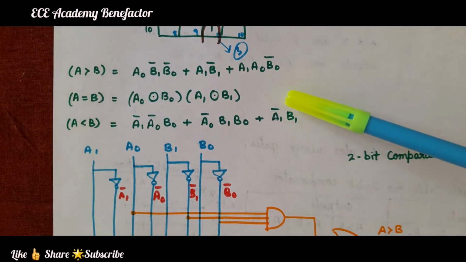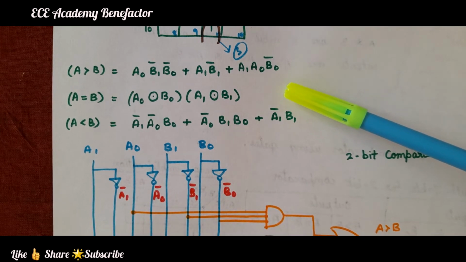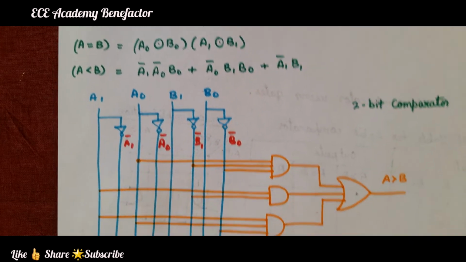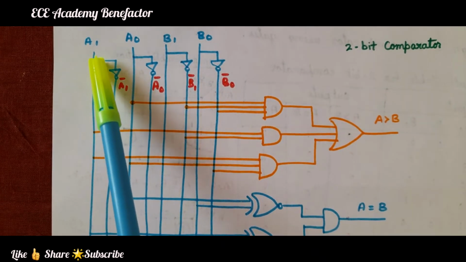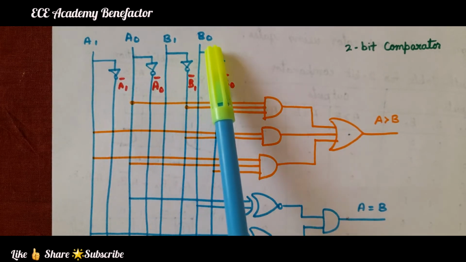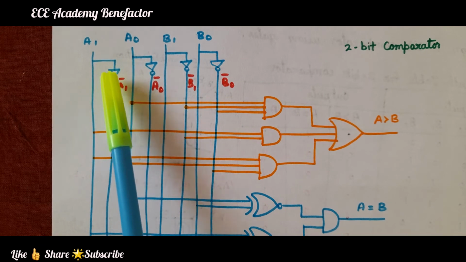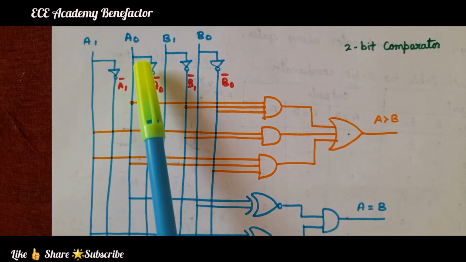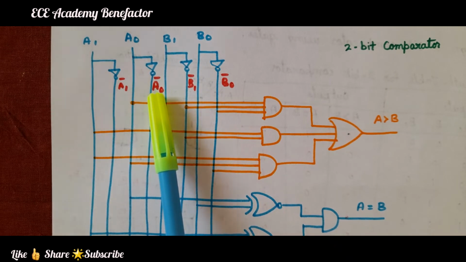Now let us draw the logic diagram based on these three conditions. For drawing the logic diagram, we need input lines A1, A0, B1, B0. From A1 we have taken a connection to a NOT gate to get A1 bar. From A0 connected to a NOT gate to get A0 bar.